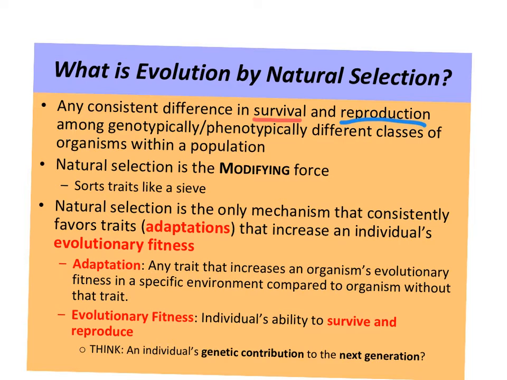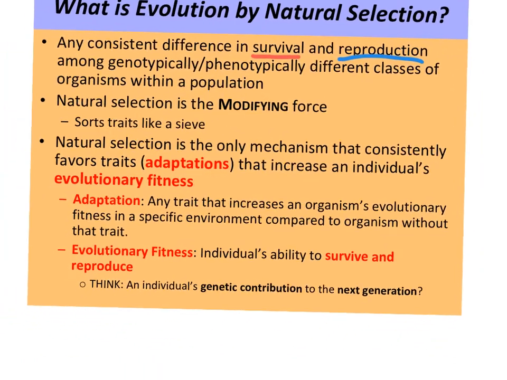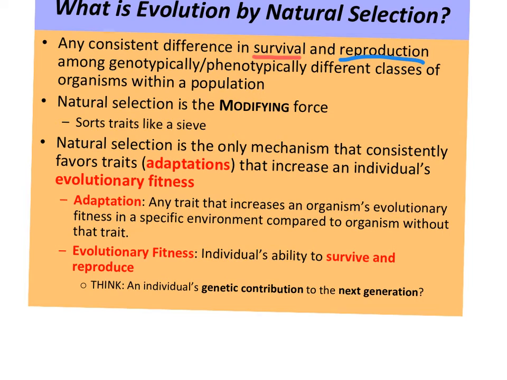So in adaptation, any trait that increases an organism's evolutionary fitness in a specific environment compared to an organism without, populations then change and become better adapted because they're composed of those kinds of organisms with those traits. So individual evolutionary fitness affects the individual's ability to survive and reproduce, which controls the genetic contribution to the next generation that makes up the population.